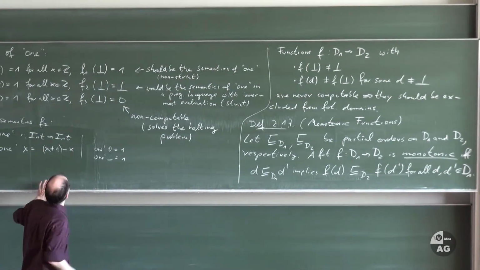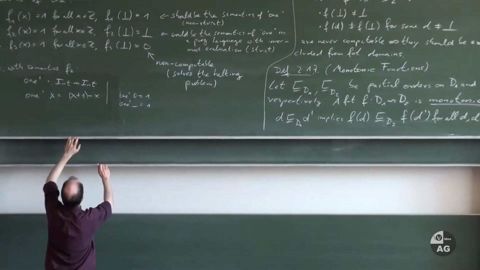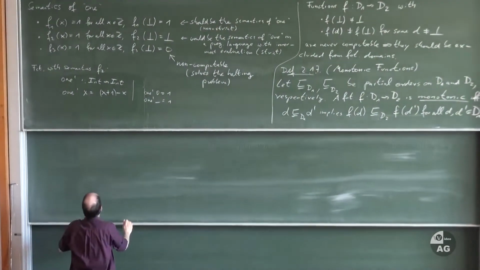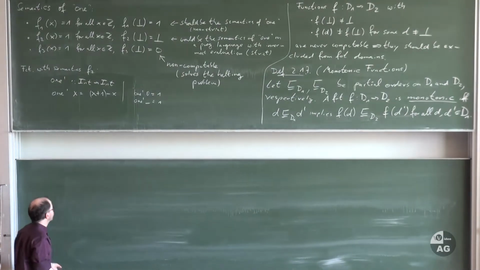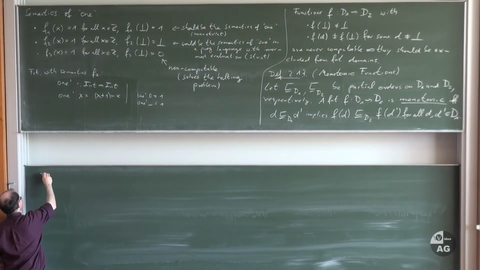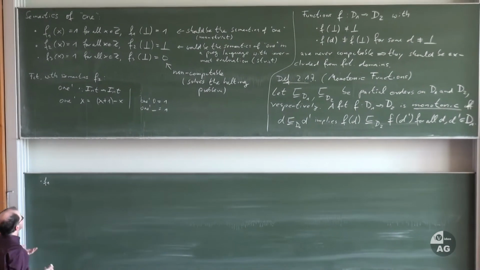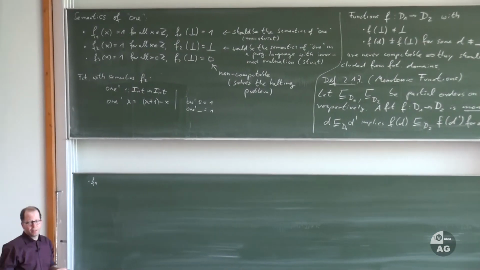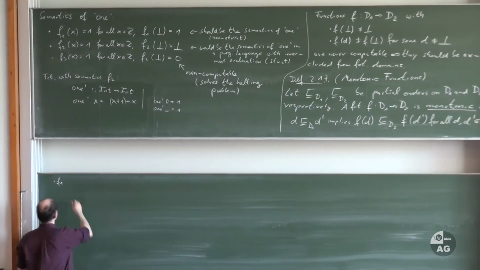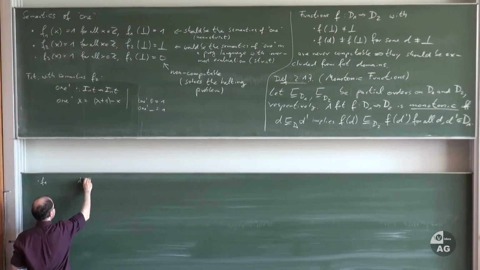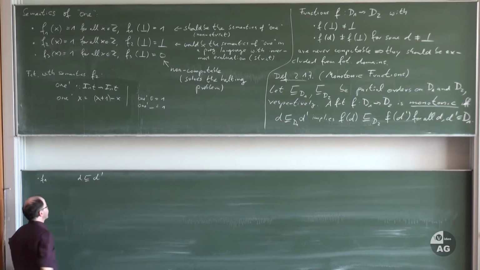So let's check the monotonicity of these functions f1, f2, and f3. So what about f1? Is f1 monotonic? Suppose that d is less defined or equal to d prime.